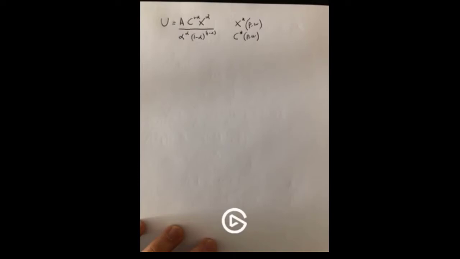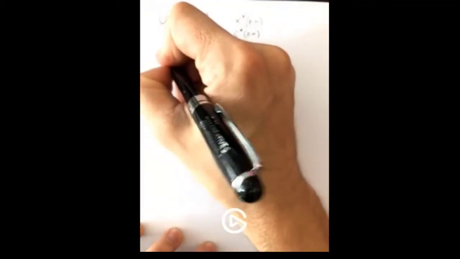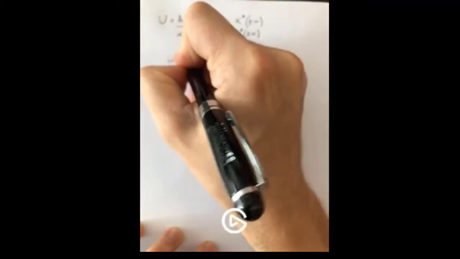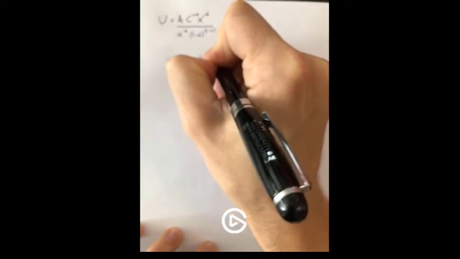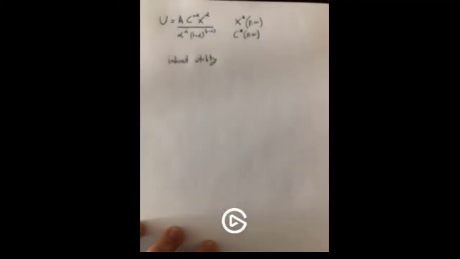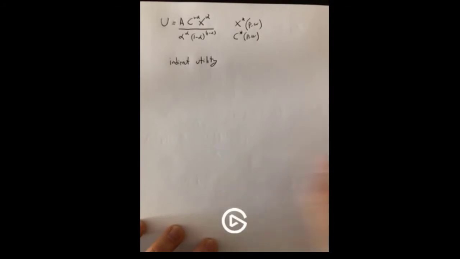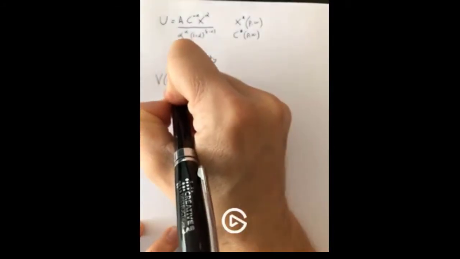Now the model then moves to work with a different type of utility function. This is what is called the indirect utility function. Okay, indirect. The utility that is written as a function of the income and the price.